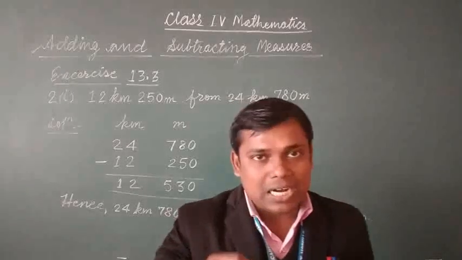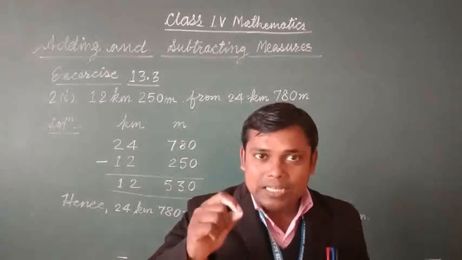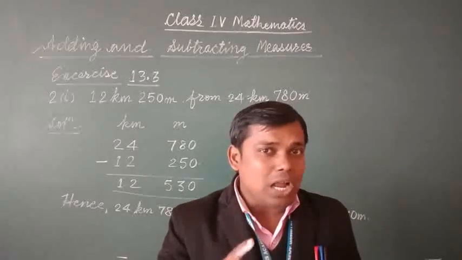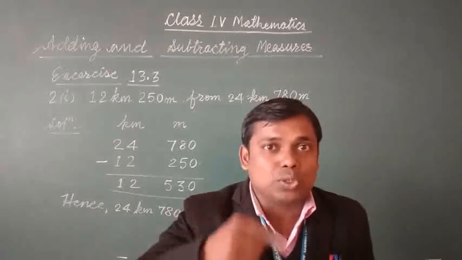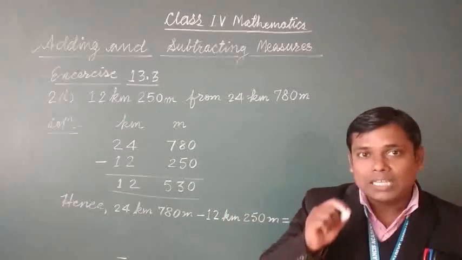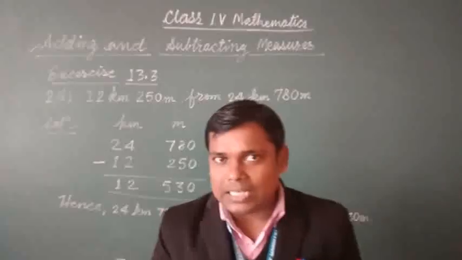Remember, whenever it is asking how much milk is left, or if any question is asking how much is left, you have to understand you are supposed to subtract. Means when we subtract the given quantity, then we can get our answer.